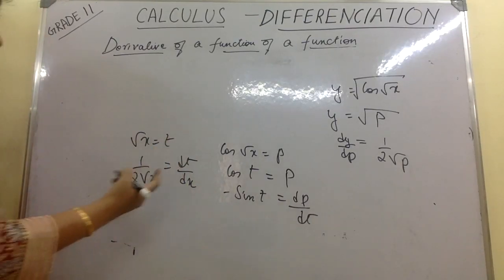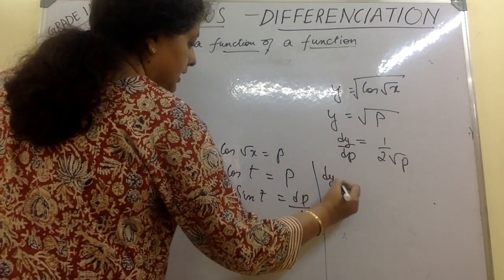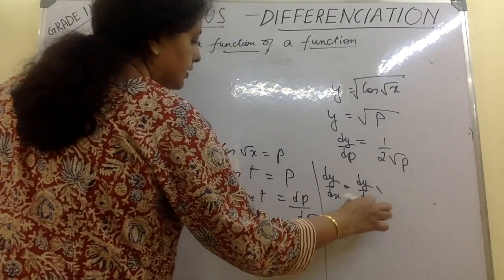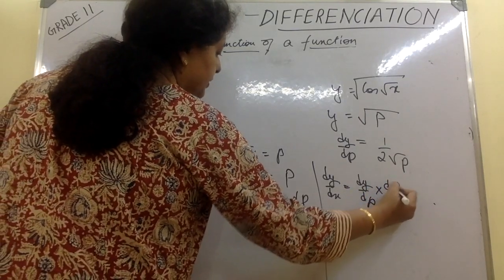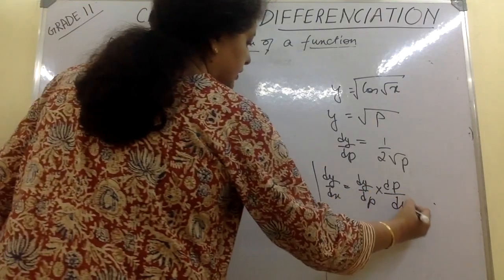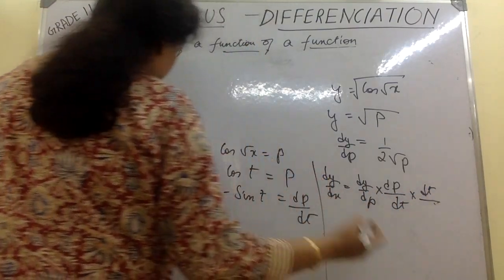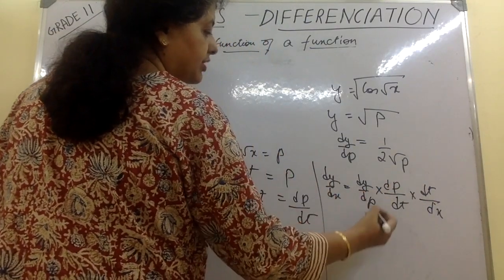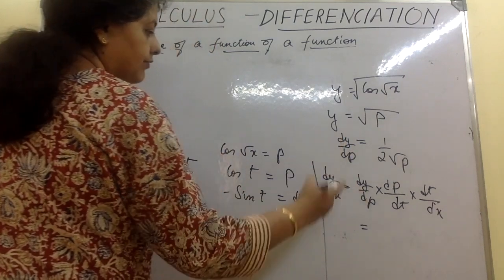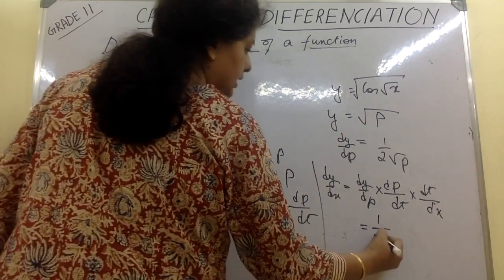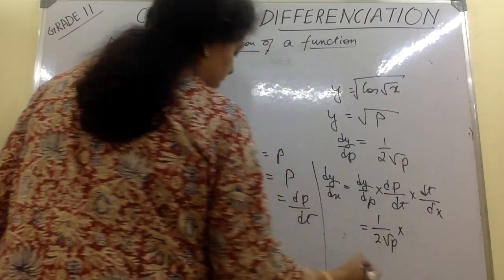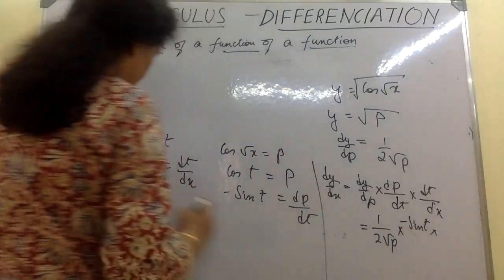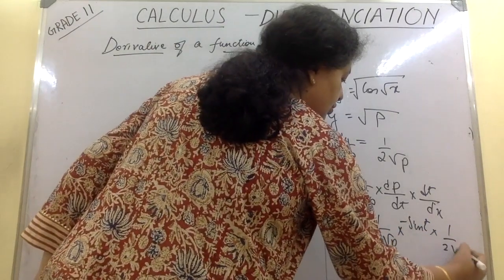Okay, we need to combine all of this, dy by dx, which is dy by dp into dp by dt into dt by dx. So you see these cancel, dt and dp will cancel, and we get dy by dx, which is dy by dp is 1 by 2 root p into dp by dt is minus sin t into 1 by 2 root x.